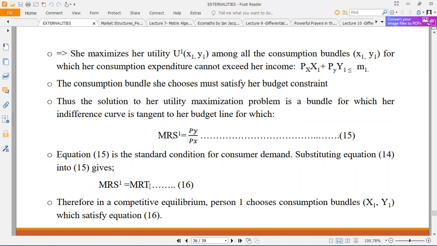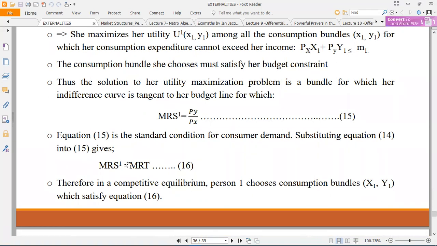But if you compare this to the social optimum, you see that the social optimum takes into consideration the marginal damage. Here, they are not considering the marginal damage. So this individual is only thinking about the opportunity cost of his increase in cigarette consumption without accounting for the marginal damage.